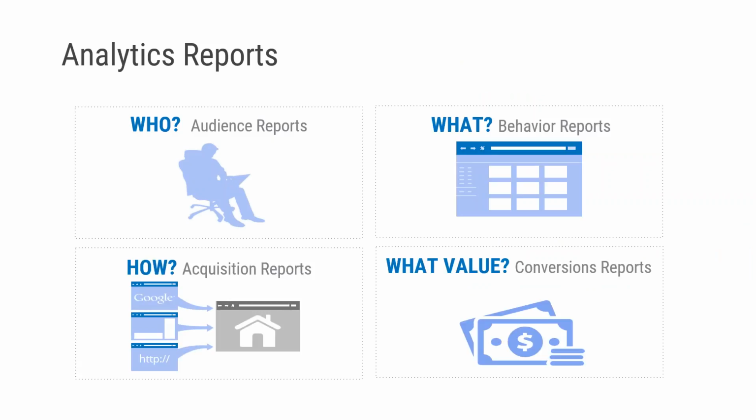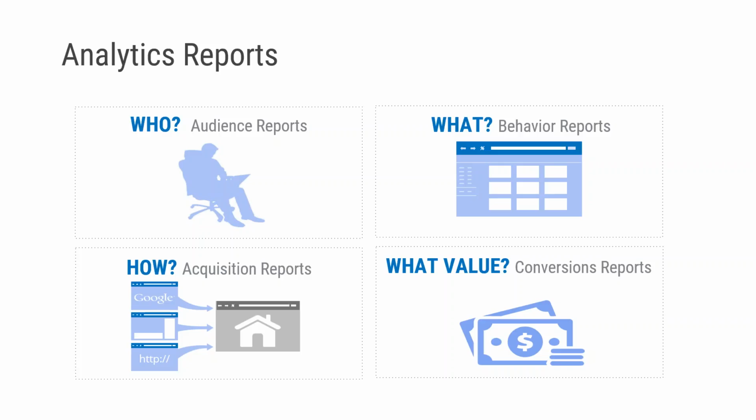The analytics tool has a lot of data and a lot of reports, so it's very easy to get confused. Ideally, we would bucket these reports under 4 categories. The first one would be who, which will define who your audience is. You will know more about your audience behavior. Second is what, so what do they do on your website.